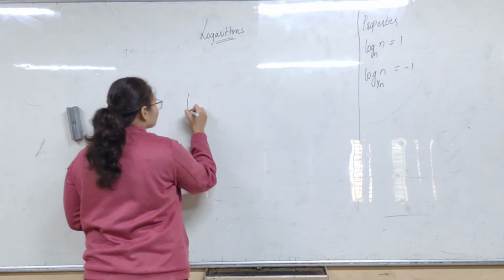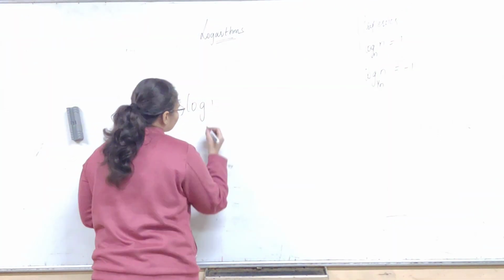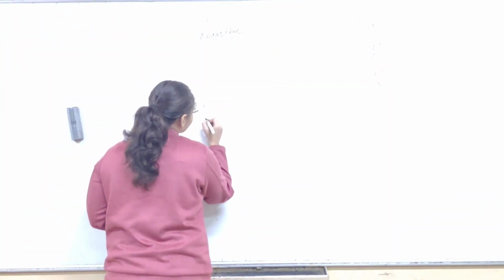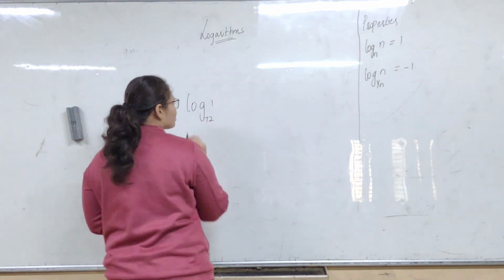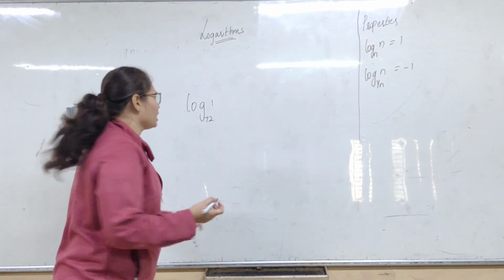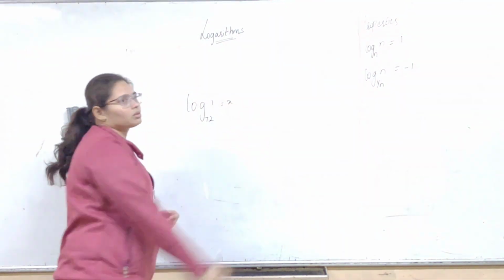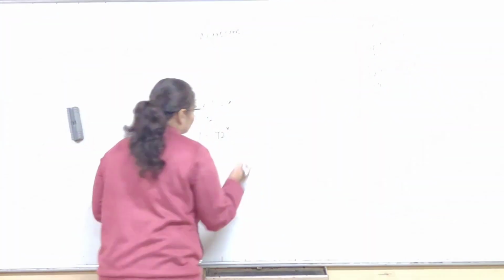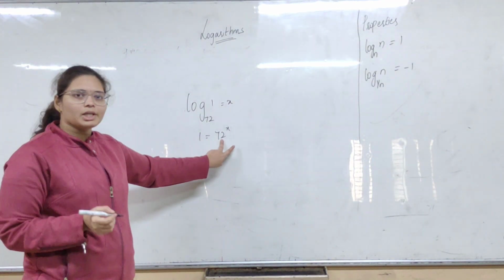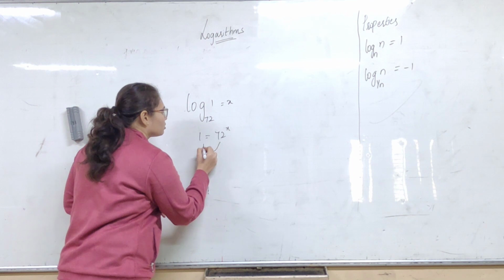So let's take an example, log 1 to the base 72. Right? So what is this value? Shall I take it as x? Right? So 1 is equals to 72 power x. What should be the power of 72 such that it is equals to 1?